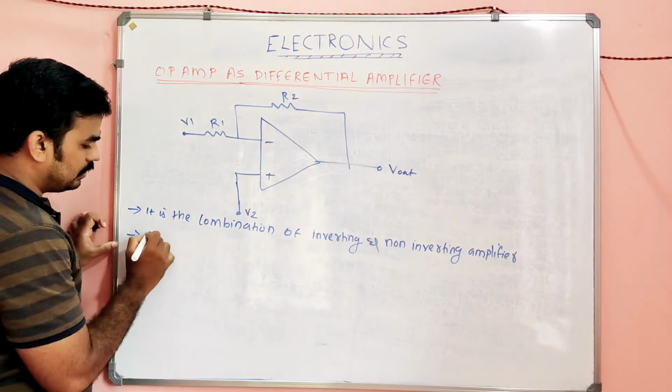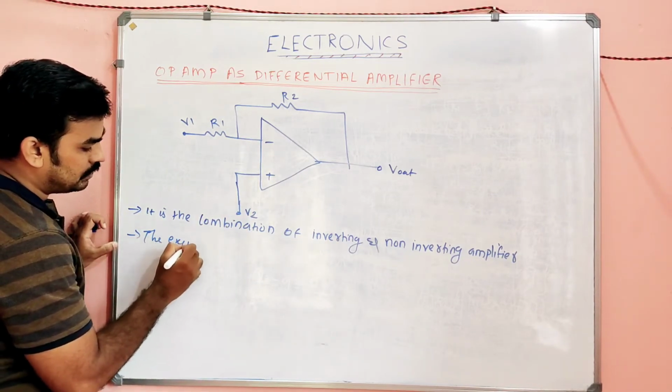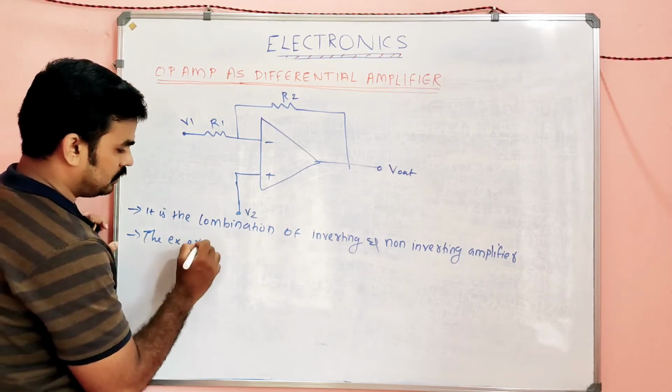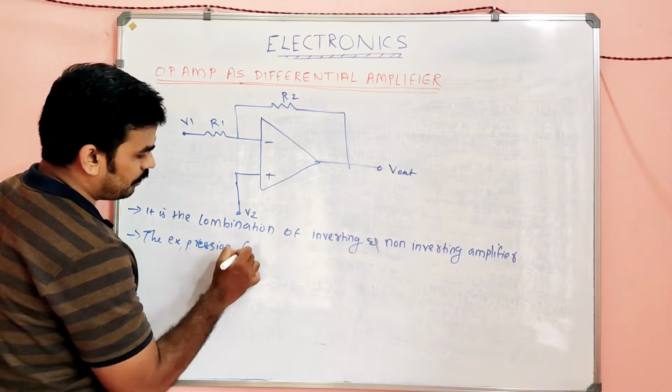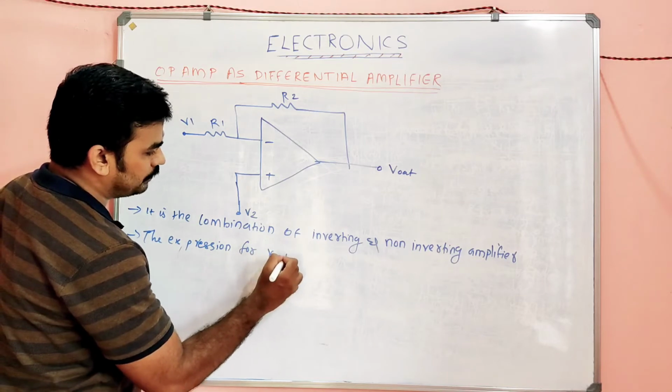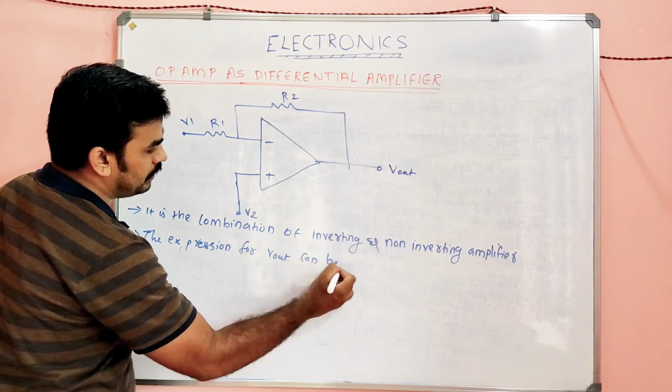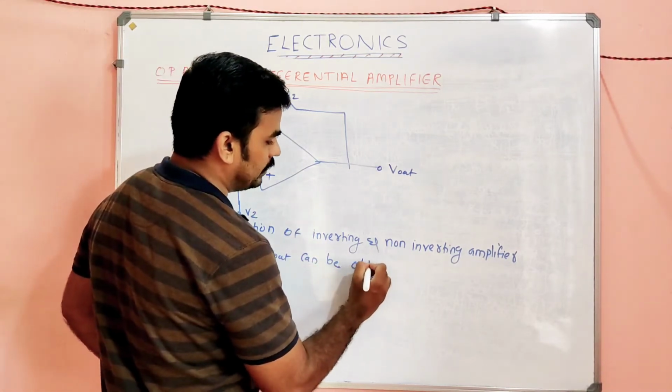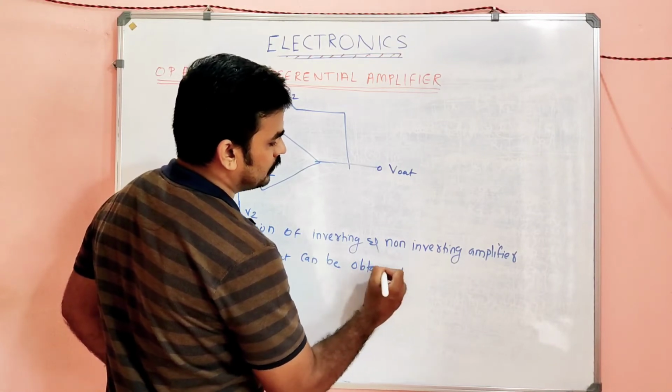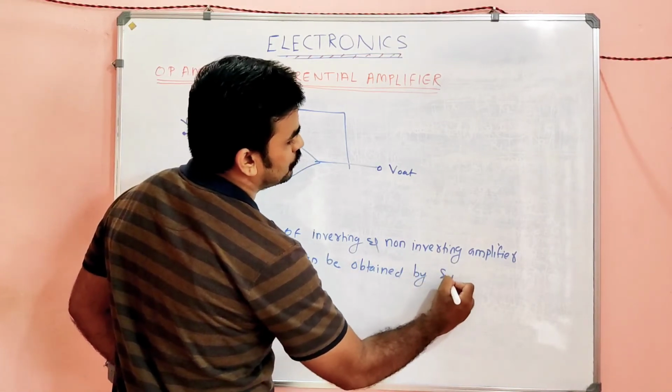So the expression for V out can be obtained by superposition principle.